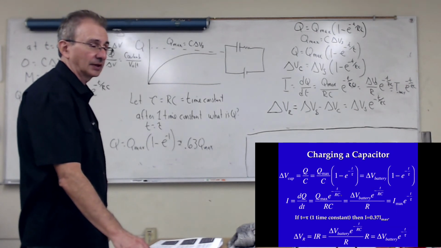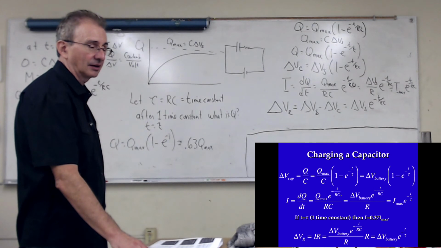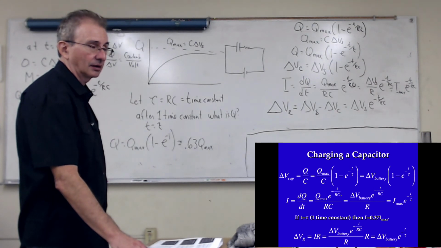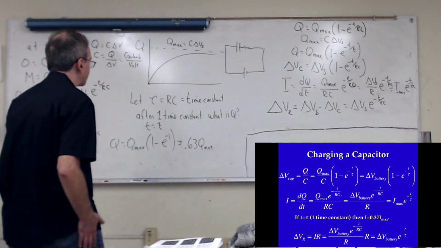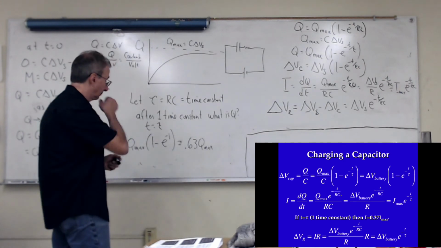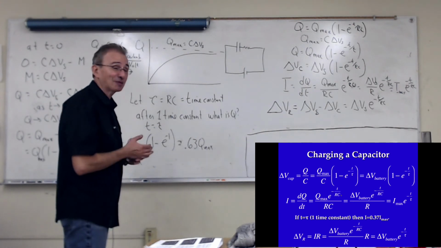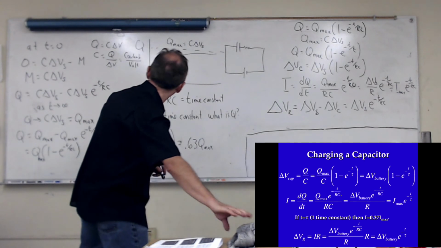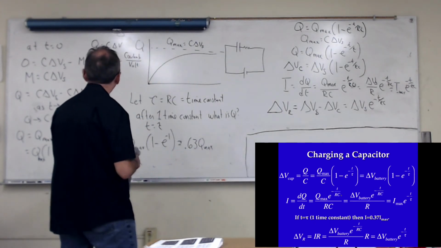Jacob asked, how would we apply that equation with two resistors in parallel and two capacitors in parallel? Good question. In fact, there's a homework problem like that. So I'm going to erase the board.